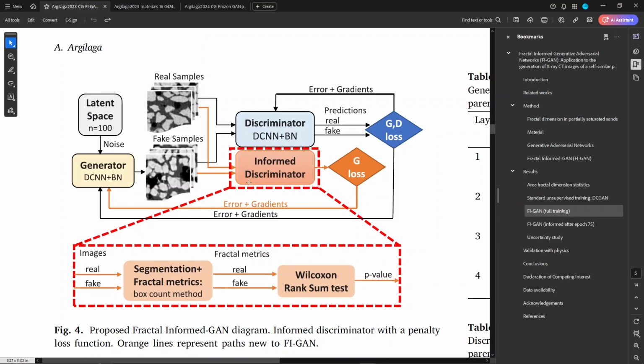This discriminator will evaluate also real samples side by side to fake samples and give a score, and this score will be used to update the generator with errors and gradients, which allows the generator to learn what is a good and what is a bad generation, but not only according to features that the generator found in the image database, but now also knows about physics. For the moment, just believe me, what is inside this red box is physics, although we'll see that this is actually a surrogate.